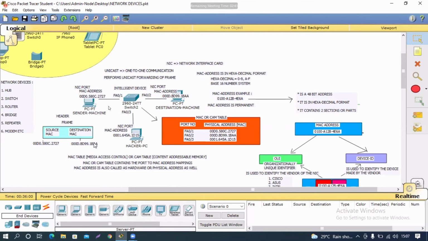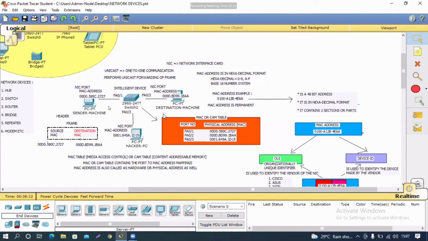This is the destination machine, right? Whenever this frame is sent from here to the switch, the switch reads this information. It specifically looks at the destination MAC.